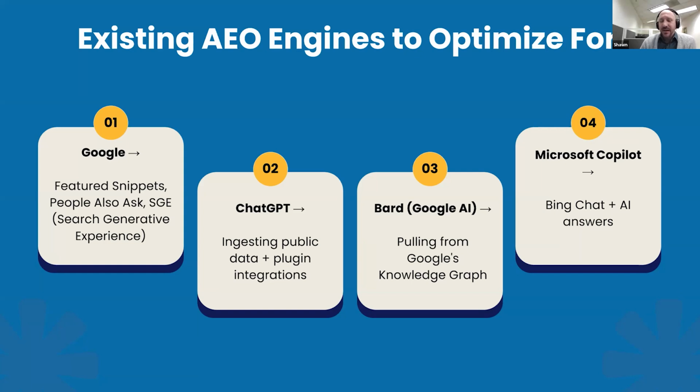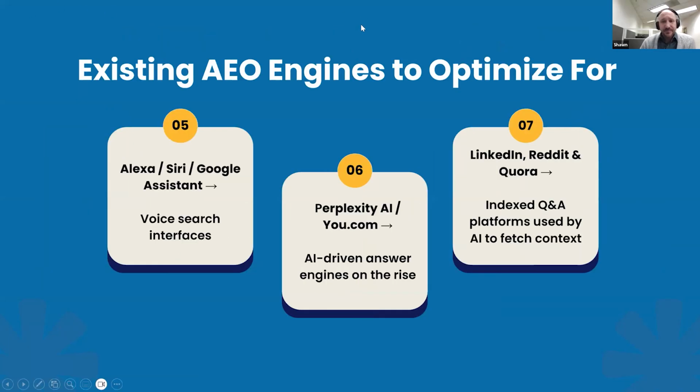Microsoft Copilot utilizes Bing Chat and AI answers. Then there's also Alexa, Siri, and Google Assistant, the voice search interfaces that we referenced. Perplexity AI and U.com are AI-driven answer engines on the rise. And then there's LinkedIn, Reddit, and Quora, which are indexed Q&A platforms used by AI to fetch context.